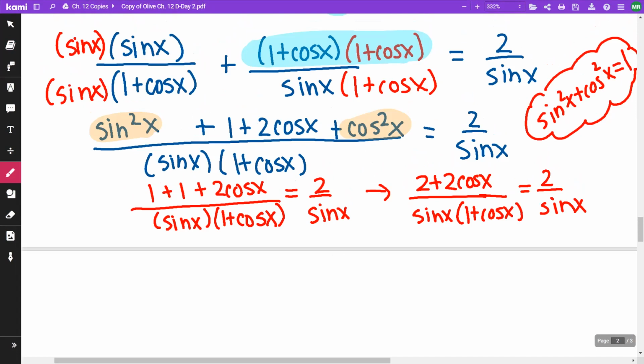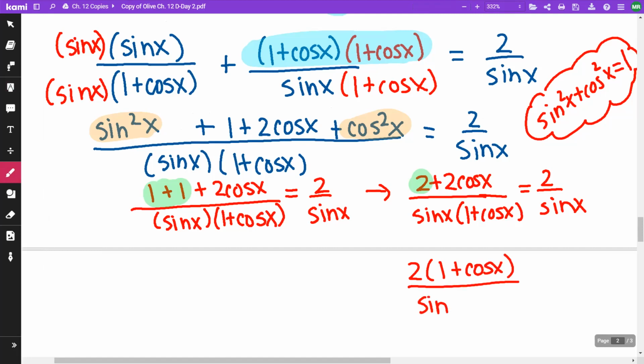So again, what I just did was I took this 1 plus 1 and got a 2. So I have 2 plus 2 cosine x. Now I'm trying to get a 2 over sine x. So what I can do is factor out a 2 from both of those terms.